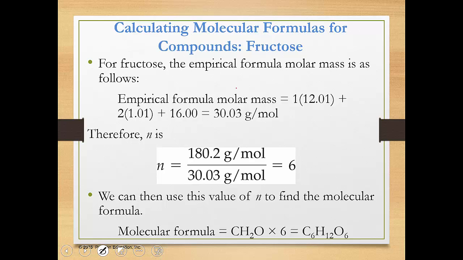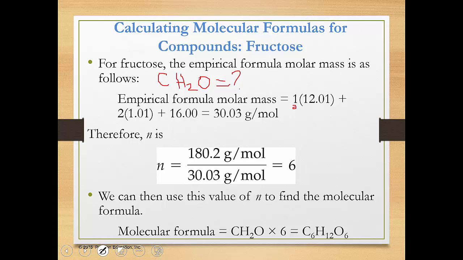What we need to do first is say, what would be the formula mass, or the molar mass, of the empirical formula? What if I just looked at CH2O? What would the mass of that be?